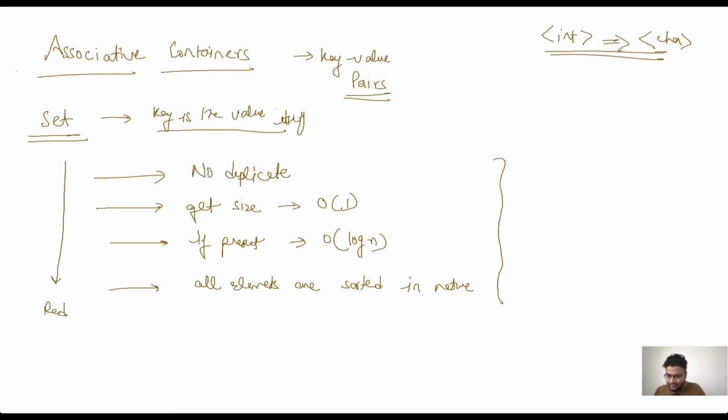If you get a chance, just read through red black trees. It's one of the balanced trees which you have apart from AVL trees. The red black implementation makes all the elements inside set unique, as well as sorted. So let's suppose I declare a set of integers and insert a few elements here.